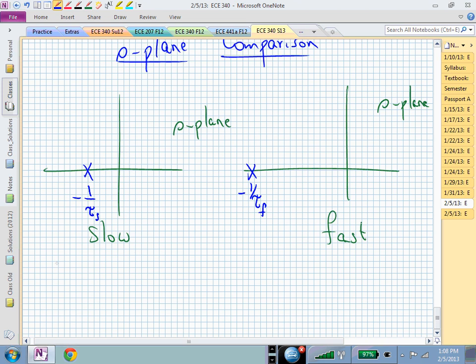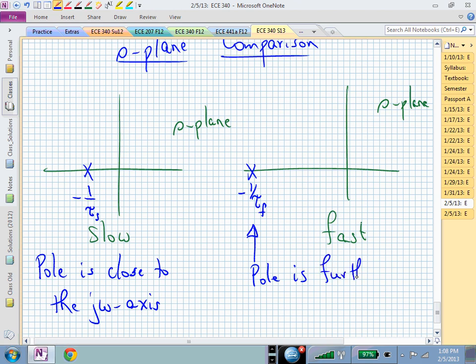This slow system then says that the pole is close to the j omega axis. And here, the pole for the fast system is further away from the j omega axis.